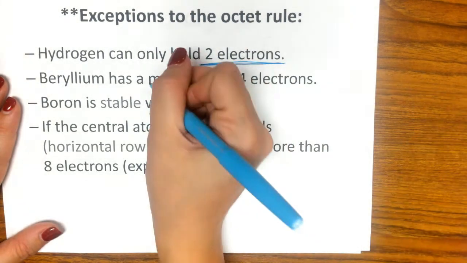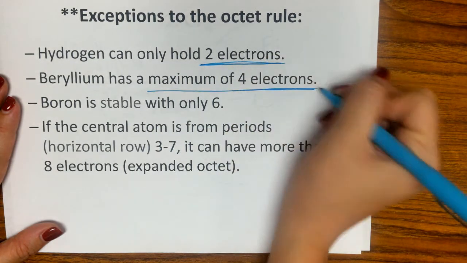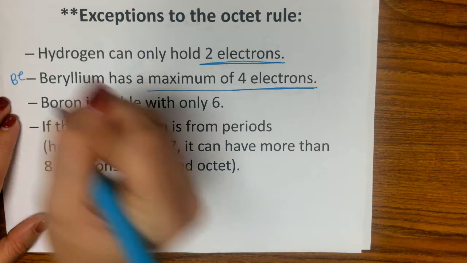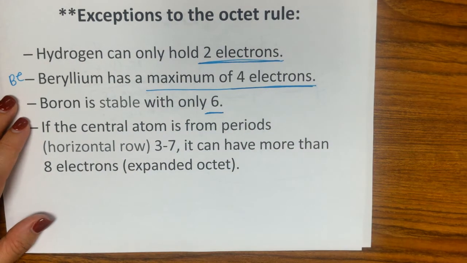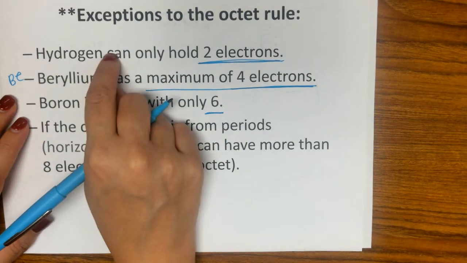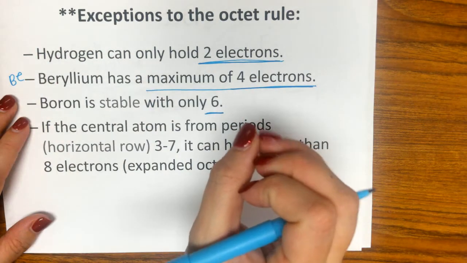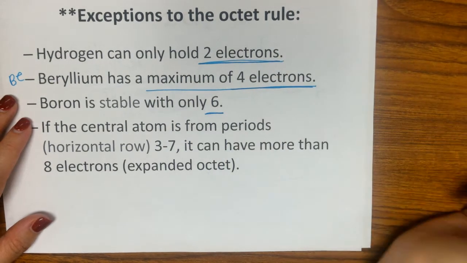Beryllium has a maximum of 4 electrons. Not 8, max of 4. And remember, beryllium is Be. Boron is stable with 6 electrons. So boron doesn't need 8, it's good with 6. So if an element is not hydrogen, it's not beryllium, it's not boron, it wants 8. These guys can have 2, 4, or 6.